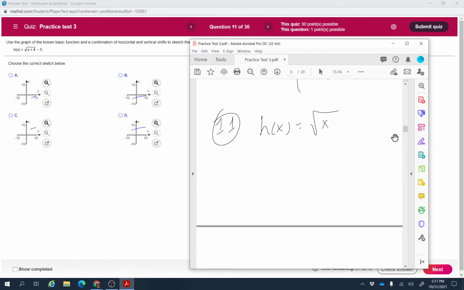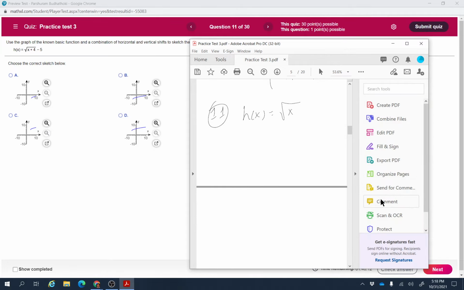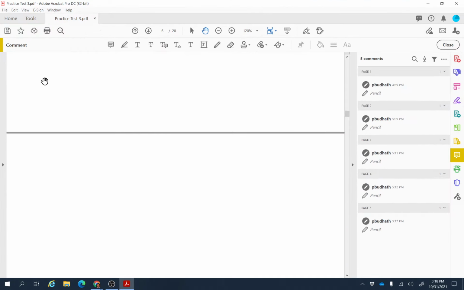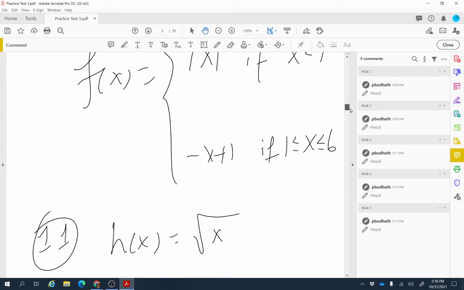Okay, so square root of x is the basic function. We could use a different name here just to make sure that we are not using the same function.